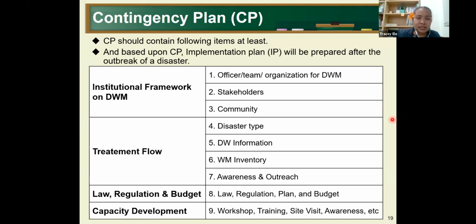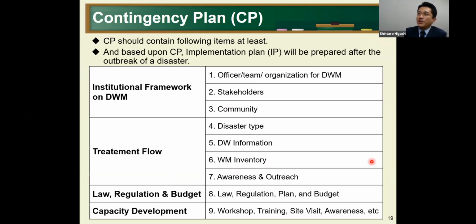Knowing as-is and discussing to-be, I would like to try. I think the process itself, trying to identify these factors and discussing with stakeholders, is very important to prepare a contingency plan.